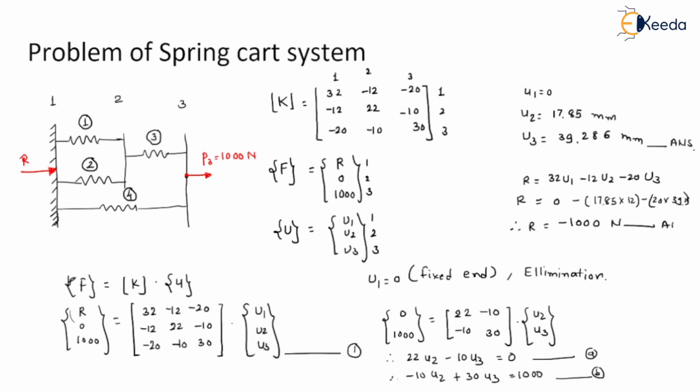So this is my answer. In this way we can find our answers, and R is equal to minus 1000 Newton.